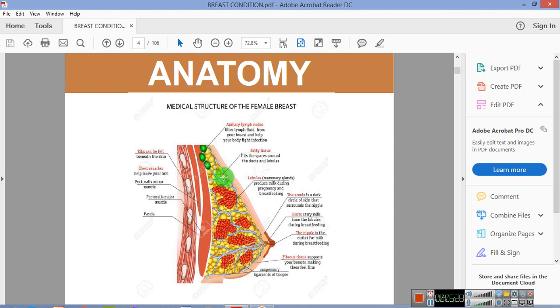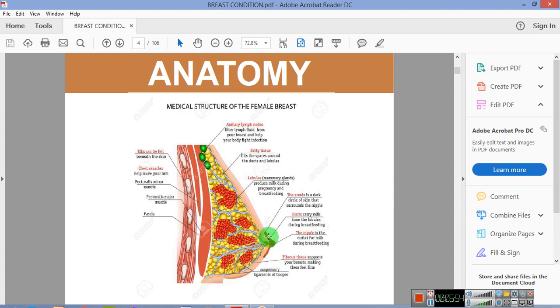Those are the fat tissues, and the lobules produce milk during pregnancy and breastfeeding. In the mammary glands there are about 18 to 20 lobules in one breast, connected to the ducts. The areola is the dark circle of skin that surrounds the nipple.